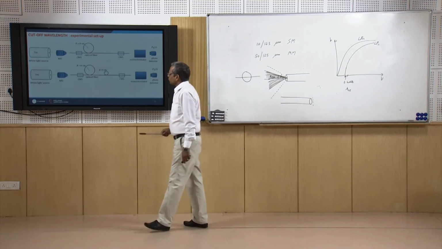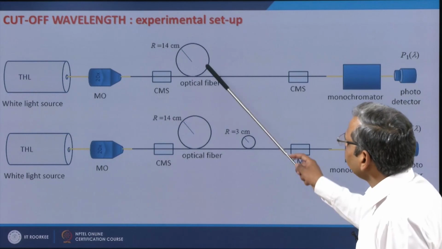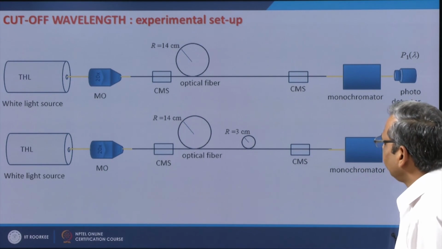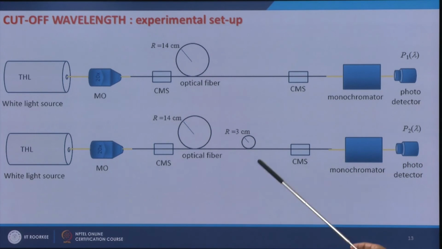Then what I do, apart from this, is make a small loop of radius 3 centimeter, which can cause a large bending loss, and then again I do the same measurements and measure the power P2 as a function of lambda.